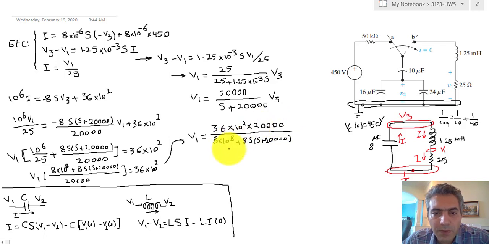So now you simplify this, you get, interestingly enough, 9 times 10 to the 6 over s plus 10,000 to the power of 2.